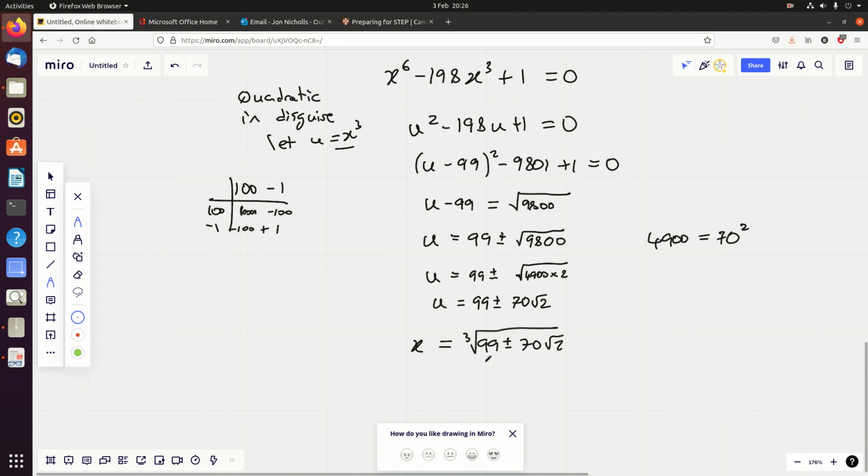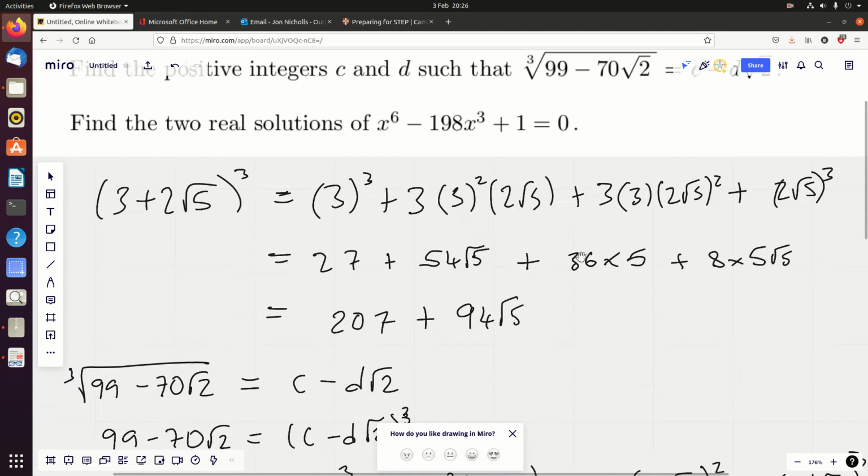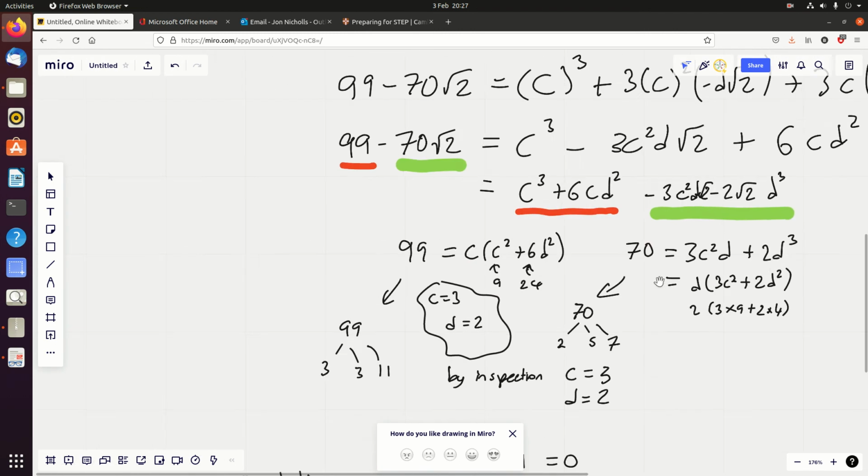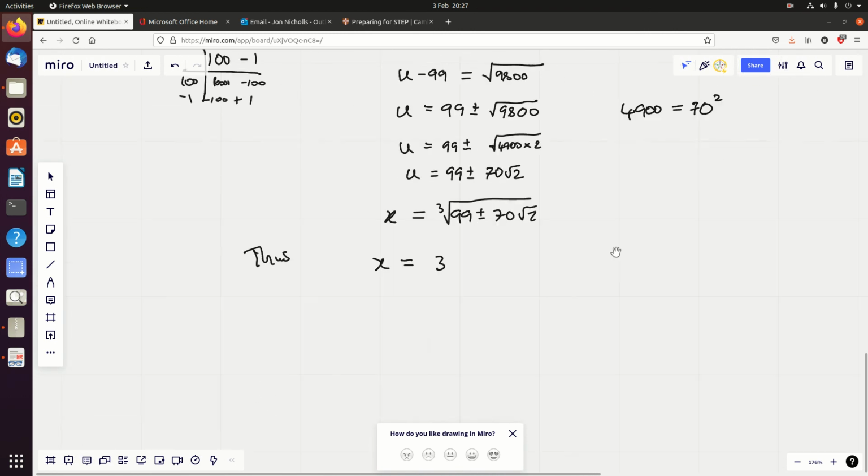Now, we certainly know the 99 minus 70 root 2 bit is what we just worked out. So we can say thus x equals 3, and I think our answers were 3 plus 2 root 2, was it, for our original question? Because we already know that the cube root of this, when that's minus, is 3 minus 2 root 2. Okay, and that was here, 3 minus 2 root 2.